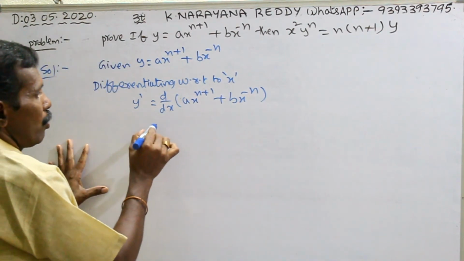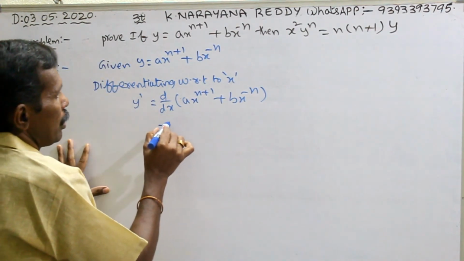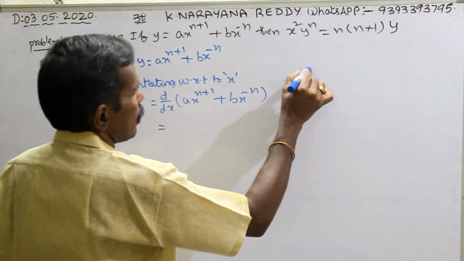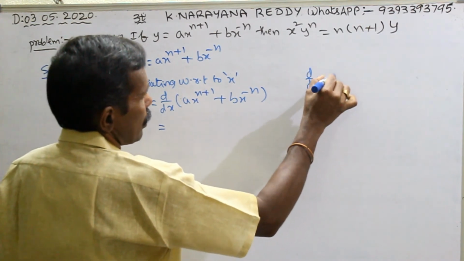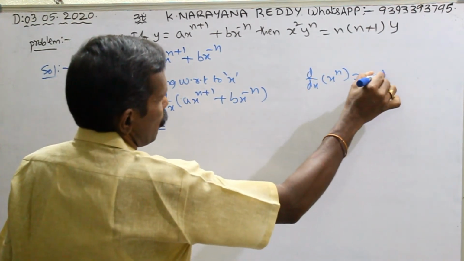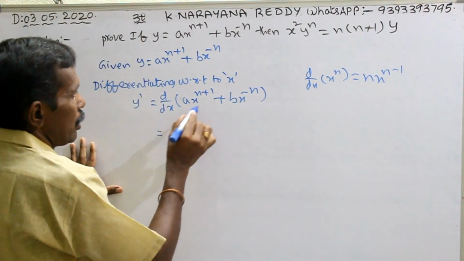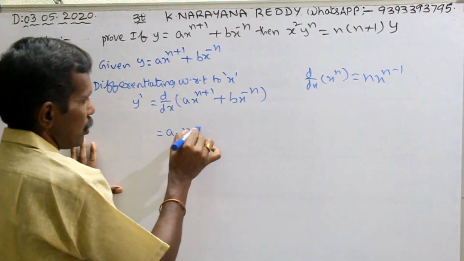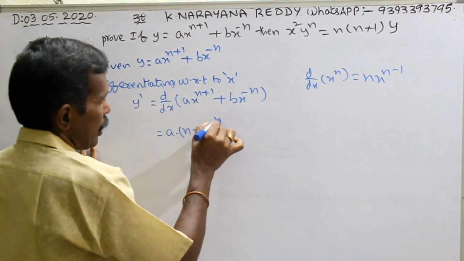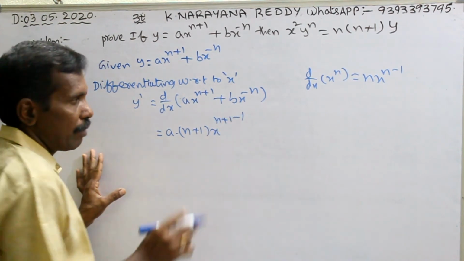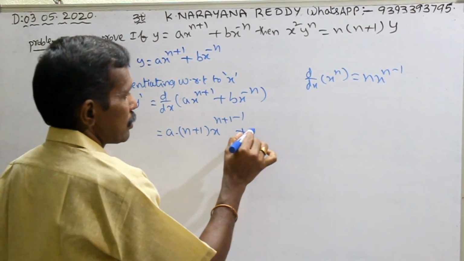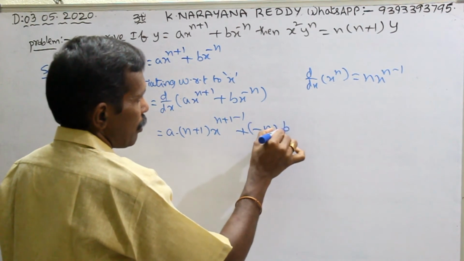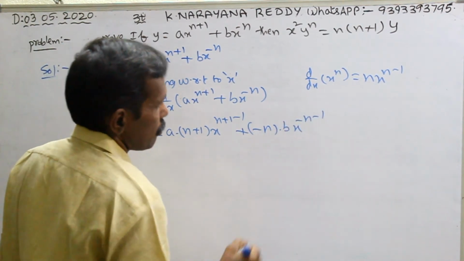Okay, now use the formula d/dx of x to the power of n equals n x to the power of n minus 1. A into n plus 1 into x to the power of n plus 1 minus 1, plus minus n into b x to the power of minus n minus 1.